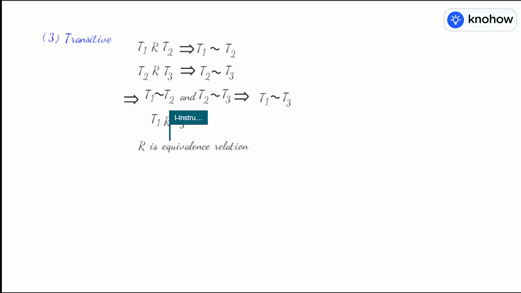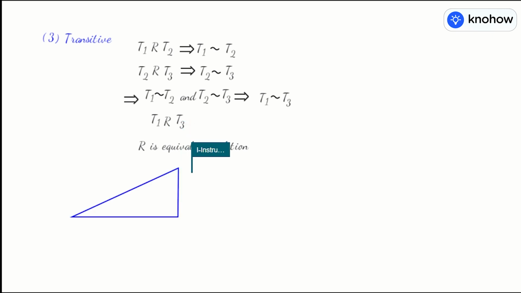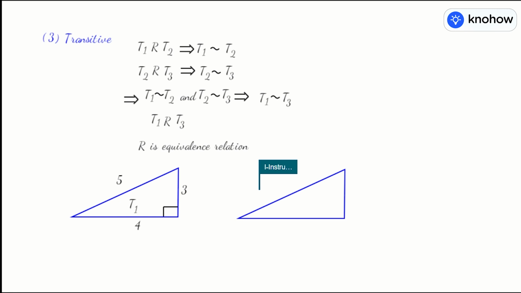And now let us come to the second part, that you are given 3 right angle triangles. One is with the sides 3, 4, 5. Obviously these are the sides of a right triangle. You can check with Pythagoras theorem: 3 square plus 4 square is equal to 5 square. And the sides of the second triangle T2 are 5, 12 and 13.